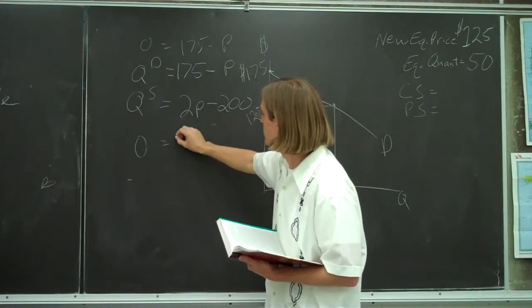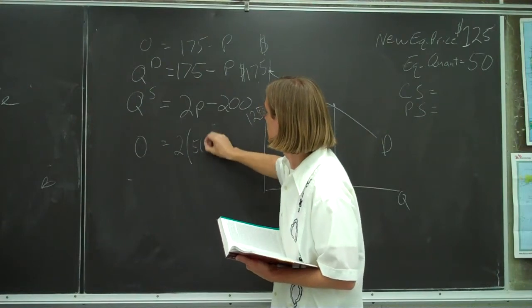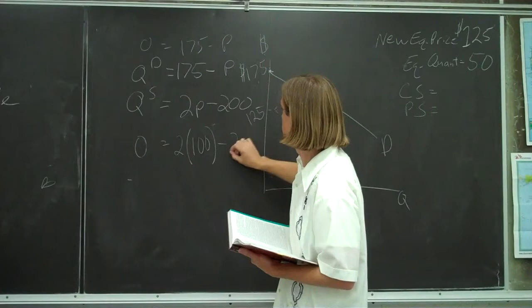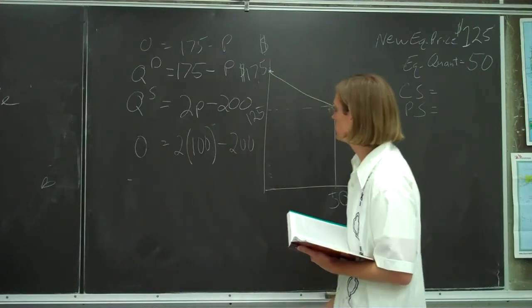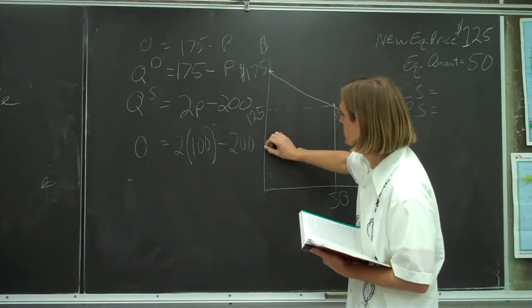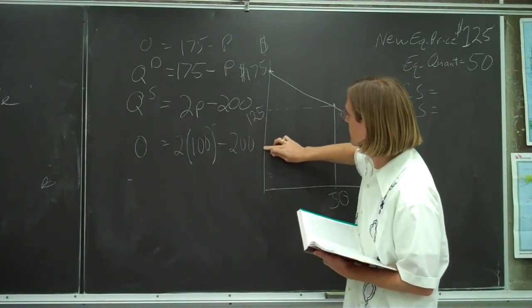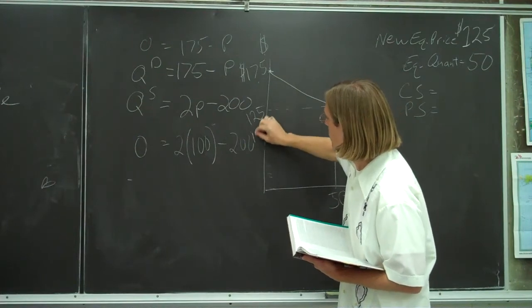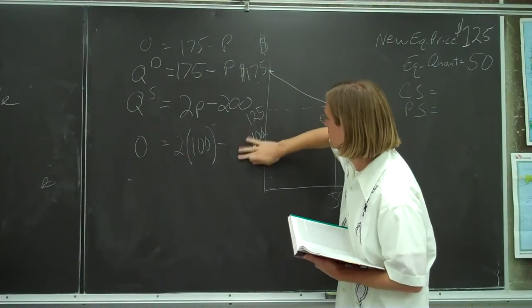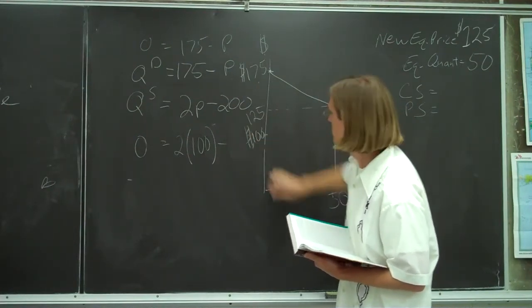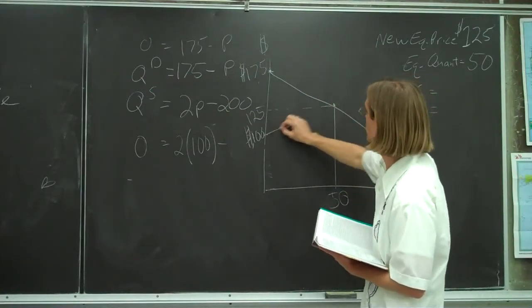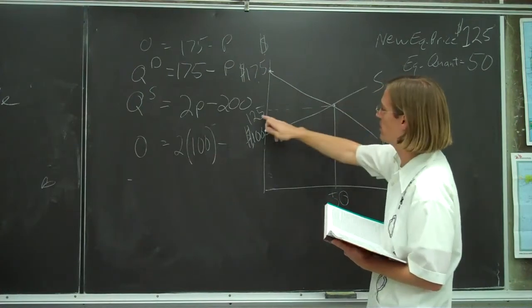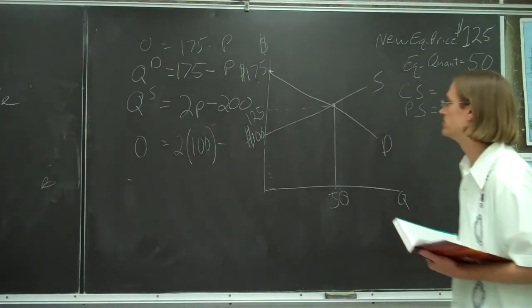And to get that equal to 0, we need 2 times 100 minus 200. So we know that then our supply curve is going to intersect at $100. I'm a little jumbled up here, sorry. And so this supply curve is going to run from 100 through this point of 125 and 50.